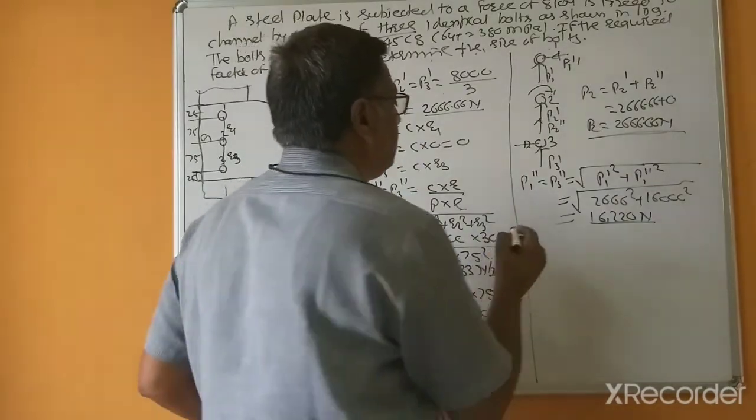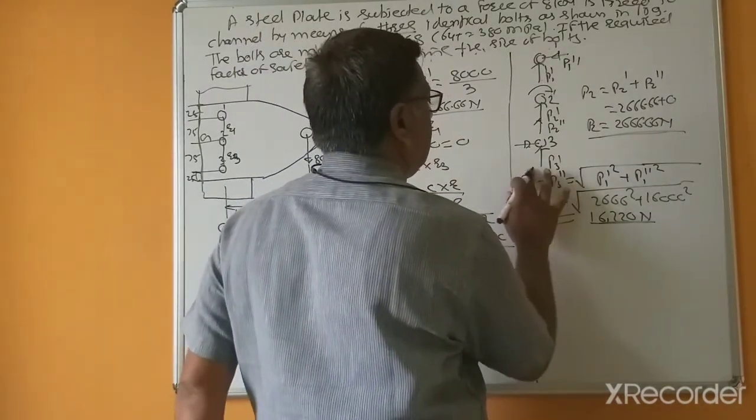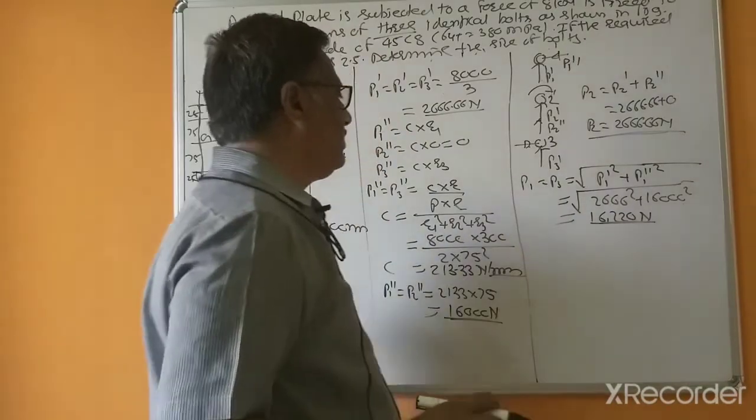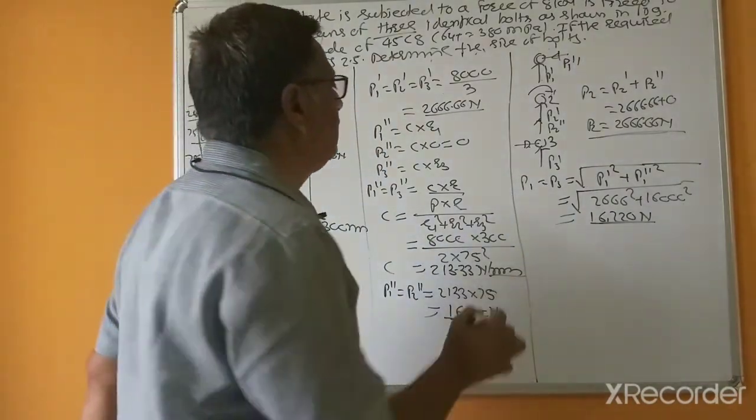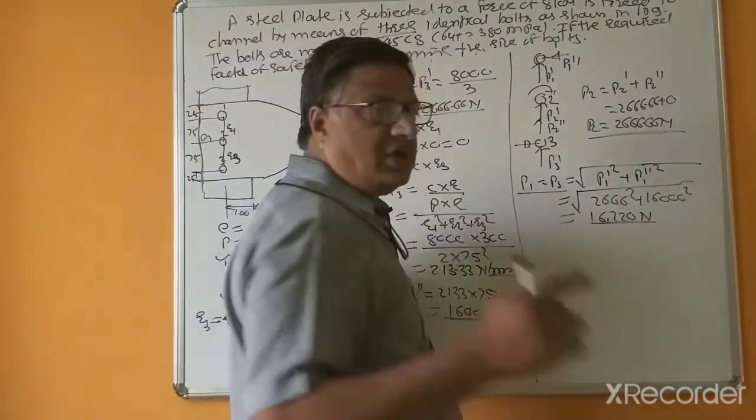So actually this is P1, the resultant force acting on bolt number first and bolt number third.